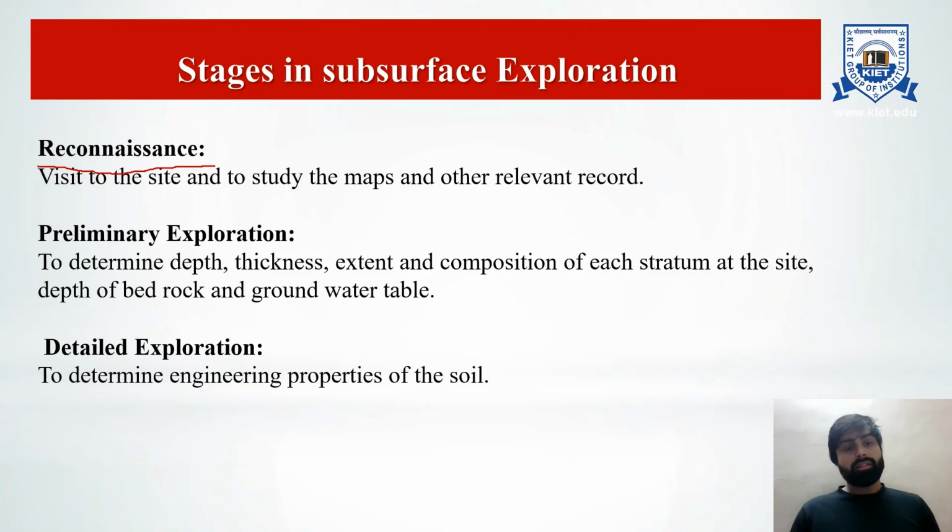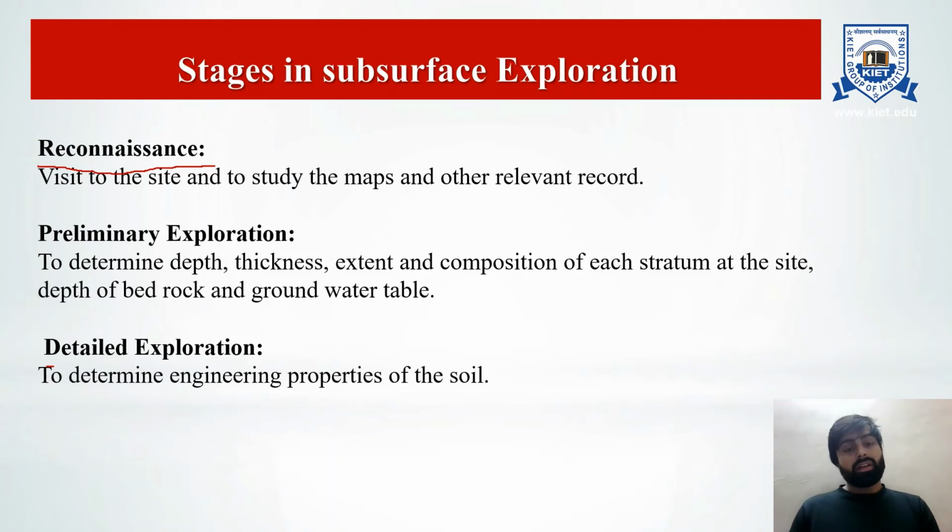And the second stage is preliminary exploration. In this stage, several tests are done in the field or in the lab to determine the depth, thickness, extent, and composition of each stratum at the site, and the depth of the bedrock and groundwater table. And last, the third one, detailed exploration, to determine the engineering properties of the soil.